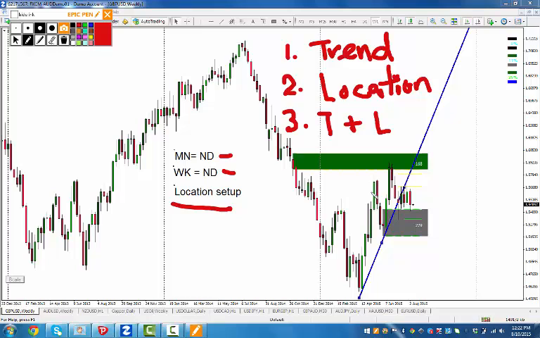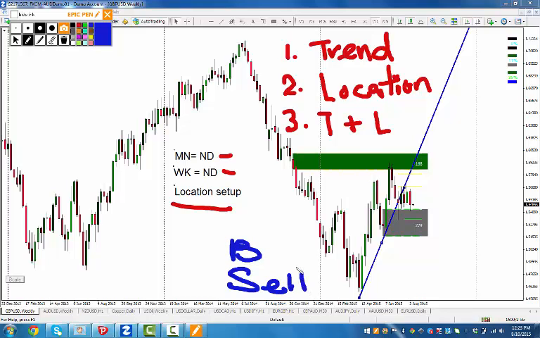Alright, so these are the 3 setups that we usually come across when we look at any kind of currency pair, right? Or even for commodities, gold, silver, right? If we trade gold and silver, we always look at the higher time frame, and then we decide what the trend is on this particular pair. Now, if the trend is no direction, then I should be looking for a location setup, right? Location setup meaning that I can look to buy, or I can look to sell.